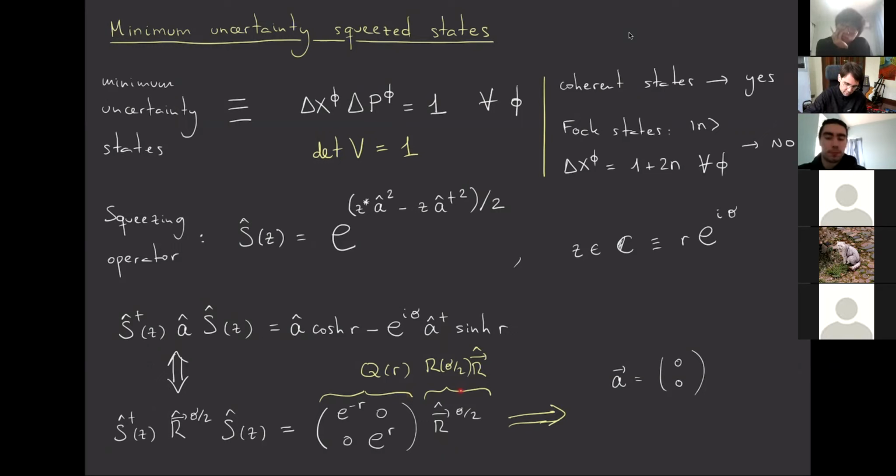For the normal quadrature, so not rotated, what we get is an expression that looks like this: R of θ/2, transpose, Q, R of θ/2, and then the quadratures.